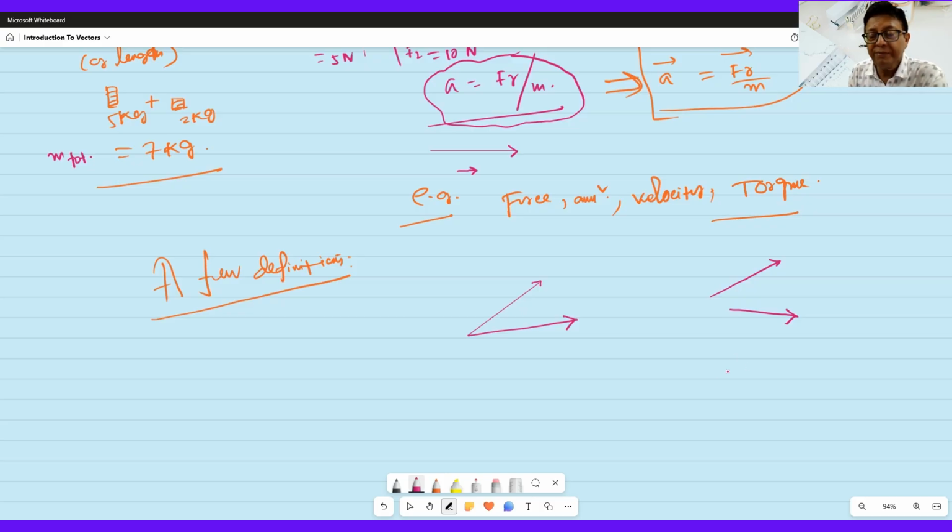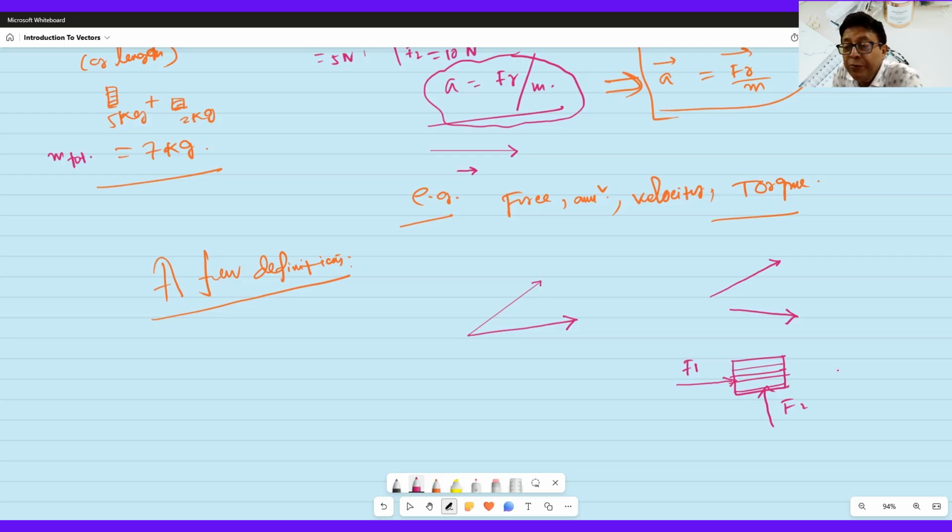On an object, when two forces are acting, the way I told you, if you produce these two forces, they will definitely meet at a point. But how to take them for meeting?